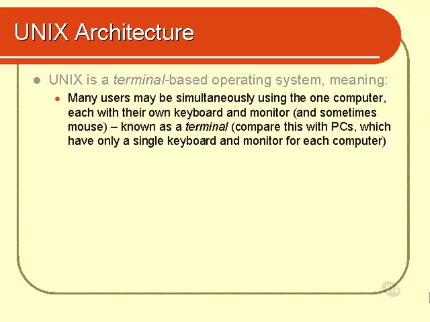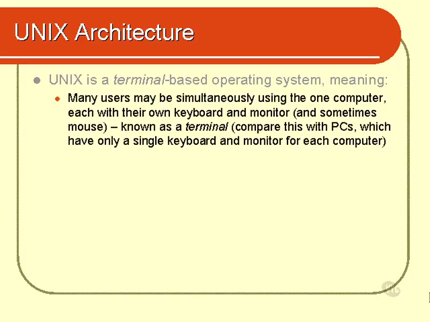So you can sit down at a terminal and log in and be sharing the same computer with many other people. You'll be sharing the same memory, the same hard disk, the same floppy drive, if there is one, and so on and so on.